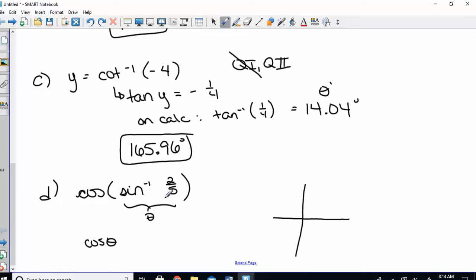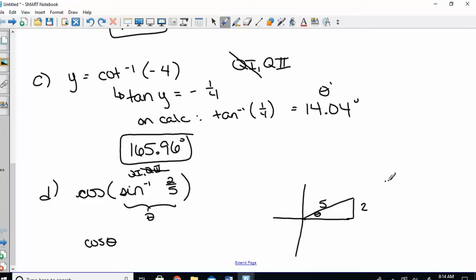We draw a triangle. So sine inverse could be quadrants 1 or 4. But because the 2/5 is positive, I know I'm in quadrant 1. So I'm going to draw a triangle in quadrant 1. Sine is opposite over hypotenuse.